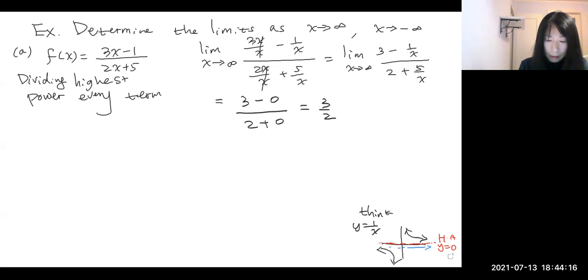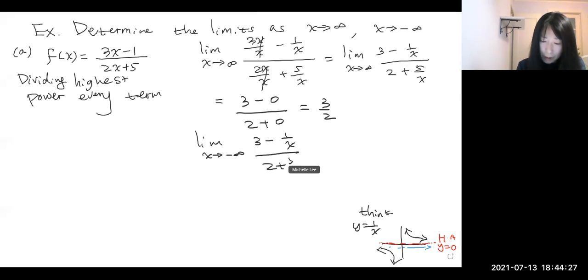How about negative infinity? Let me just denote the second step. So 3 plus minus 1 over x, over 2 plus 5 over x. Then x approaches negative infinity. Then what's the graph behavior? Where does it approach?